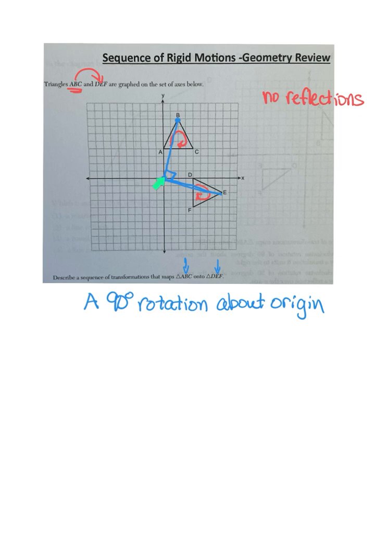This is the fixed point, and then these are the spokes that rotate, okay? So when we rotate about the origin, we're saying that that's the fixed point. All right, so we're rotating about the origin, but we also have to say in what direction. So in a clockwise direction. And there's your answer.